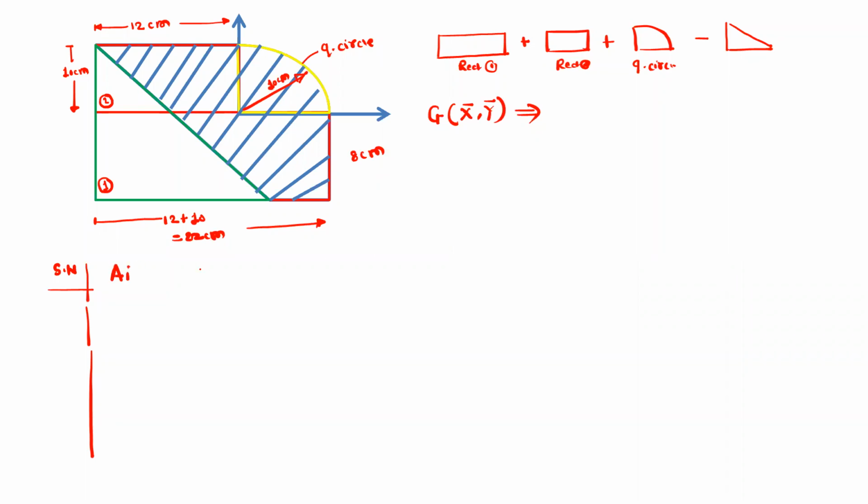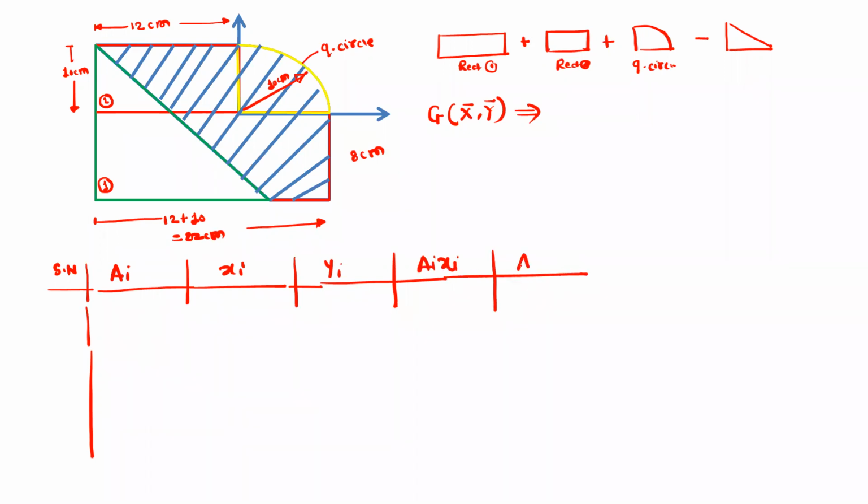So this is Ai. Then X coordinate for that area. Then Y coordinate. Product Ai Xi. And product Ai Yi. So you can simplify this figure.